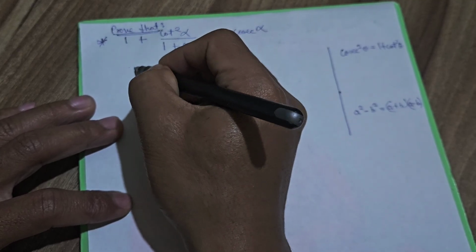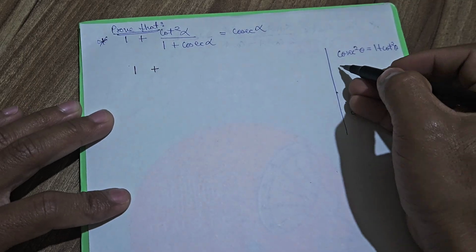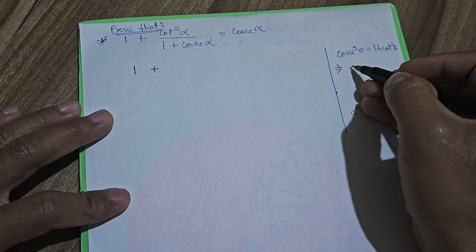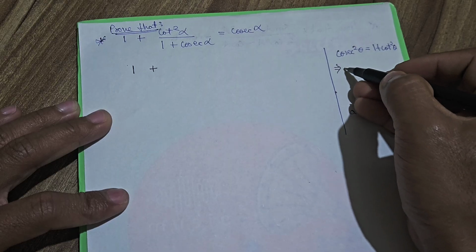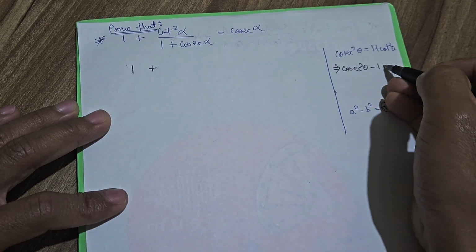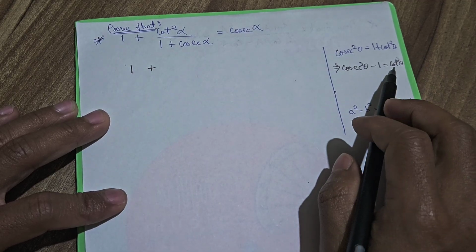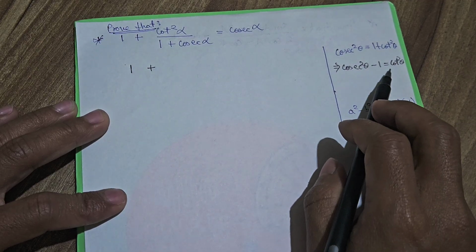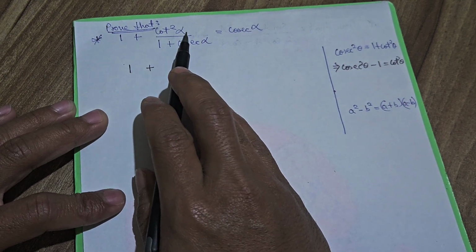If we solve further this identity, then what we get, if you bring 1 on the left hand side, we get cosec square theta minus 1 is equal to cot square theta. So we are going to place cosec square theta minus 1 in place of cot square alpha.